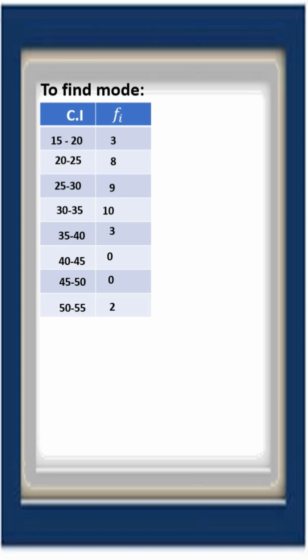Let us write the class interval in the first column and the frequency in the next. The formula for mode is L plus (F1 minus F0) upon (2F1 minus F0 minus F2) into h.